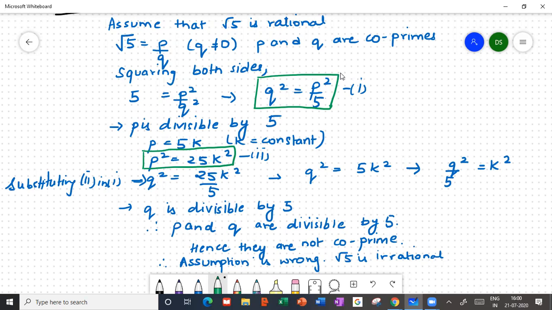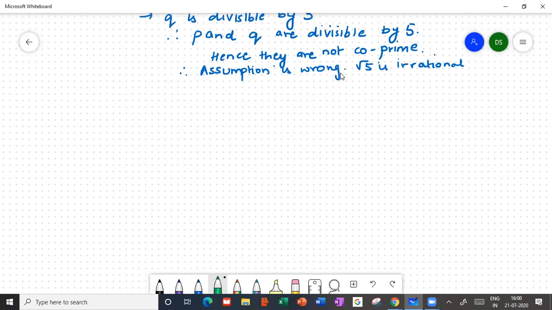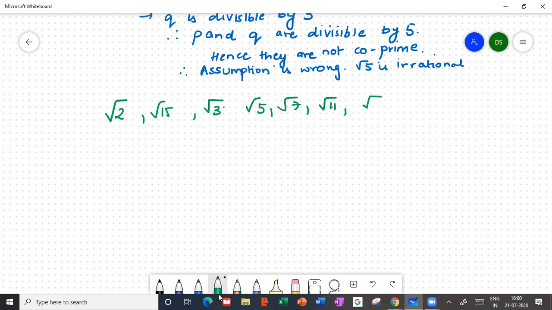Basically, if they give you any number under the root, like root 2, root 3, root 5, root 7, all these prime numbers which are irrational, this is the step you follow.